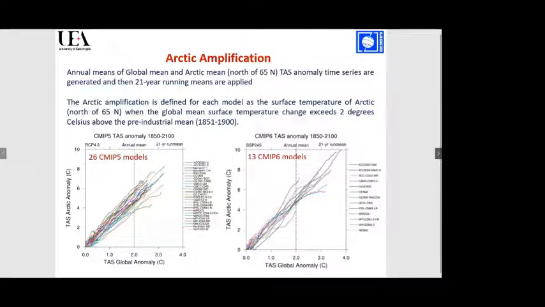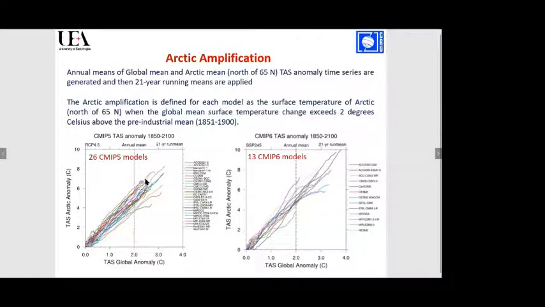So here we have defined Arctic amplification as when the global surface temperature exceeds 2 degrees Celsius with respect to the pre-industrial mean. For this purpose, we have chosen 26 CMIP5 models and 13 CMIP6 models that are available to us in the SSP2-4.5 category.